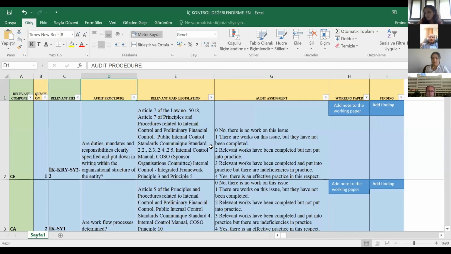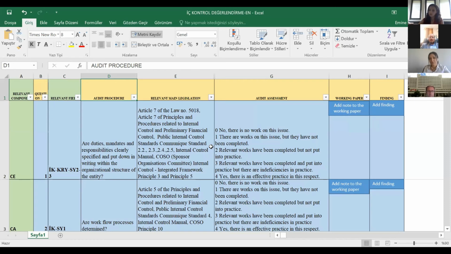There is no existence here. So the components and relevant principles are not present, but there are some works. So that's why the score is 1. And the score 2, relevant works have been completed, but not put into practice.